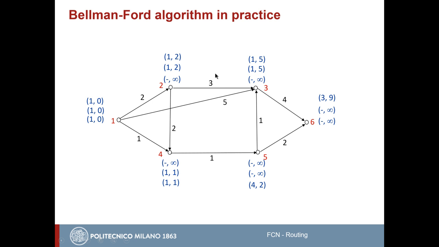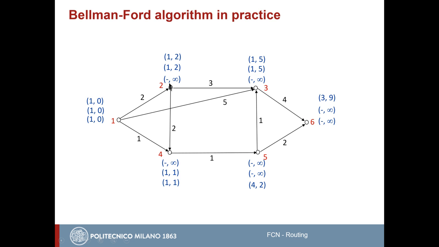Here we have an equal condition, so we can choose either to leave the original entry or to update it, but it will have the same distance value. So we decide to leave the same status as the previous step: 1 as the previous node and 5 as distance.